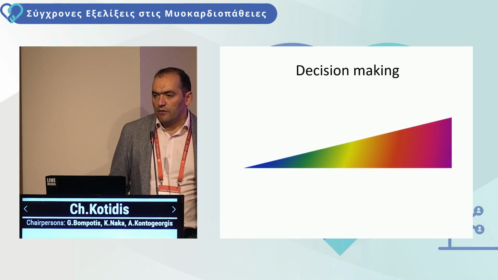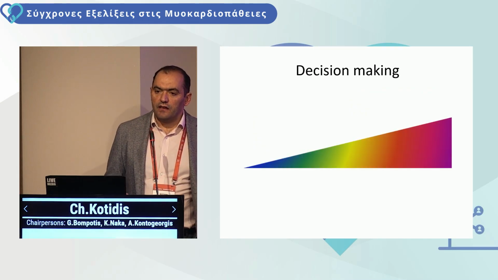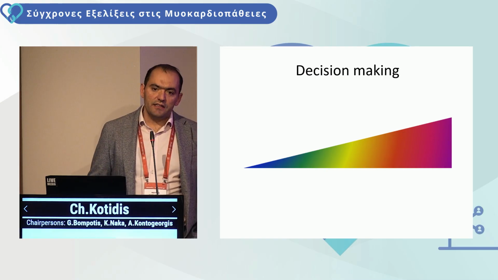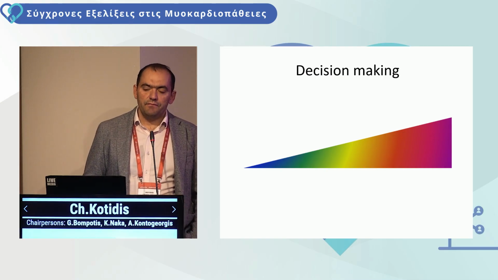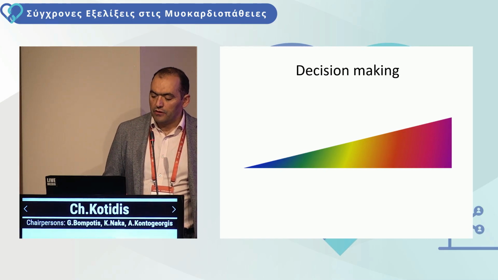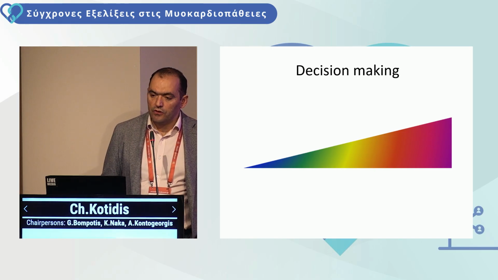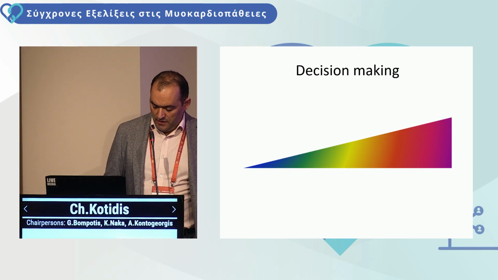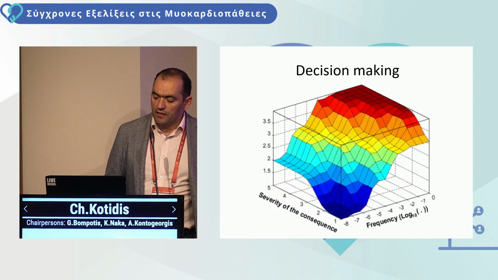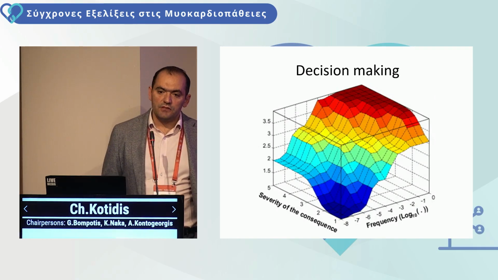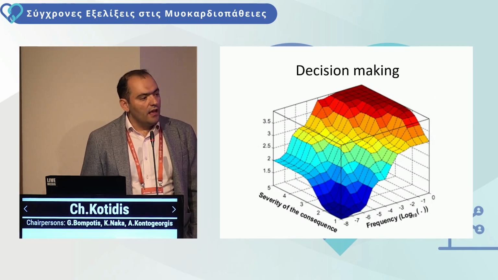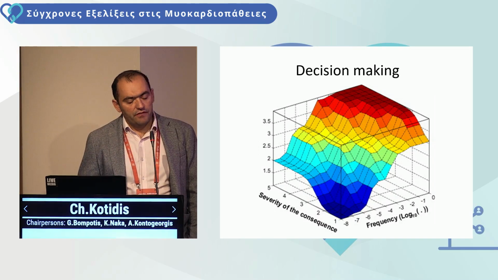So we have to keep in mind that the diagnosis is not binary, it's a spectrum of severity, and our aim is to grade this severity, and the risk assessment is even more complicated. As we saw, there are multiple risk factors.